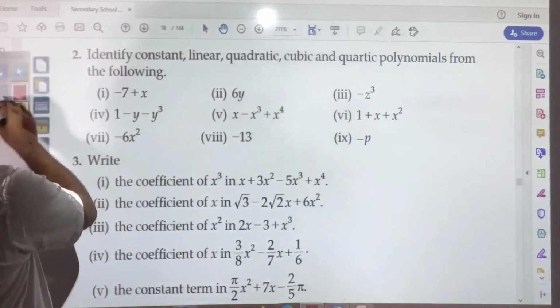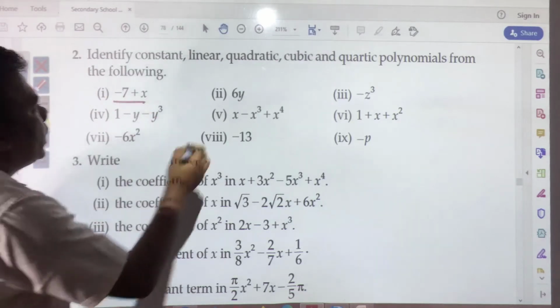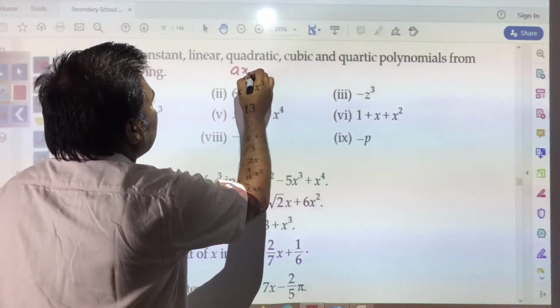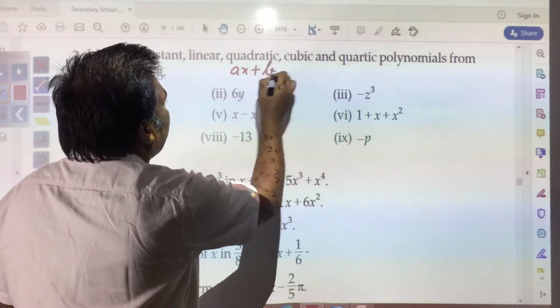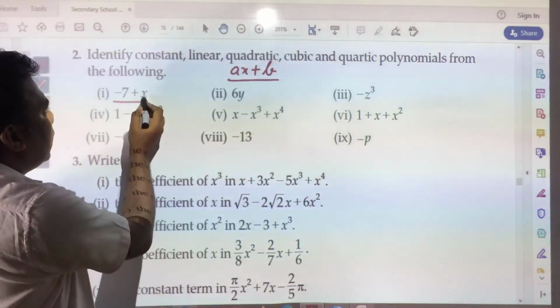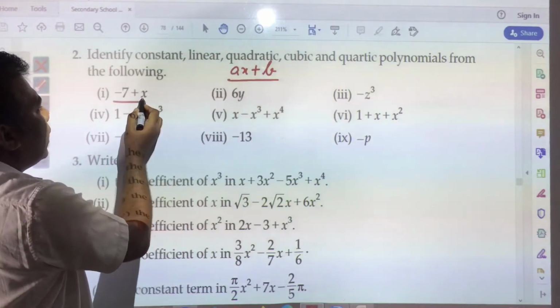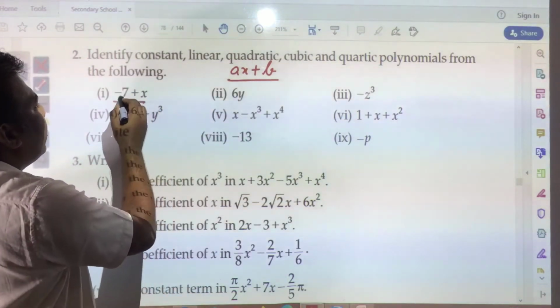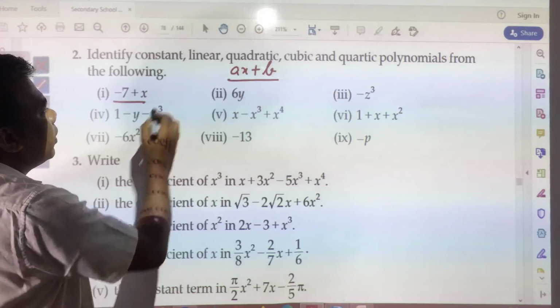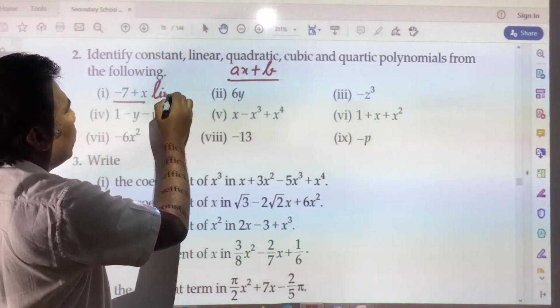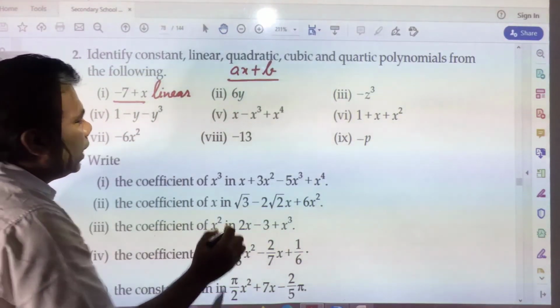Here you see this expression, it is in the form of ax plus b. This is a linear polynomial ax plus b. In place of ax you have x, meaning 1x, and in place of b you have minus 7. So this is a linear polynomial. How will you write the answer?